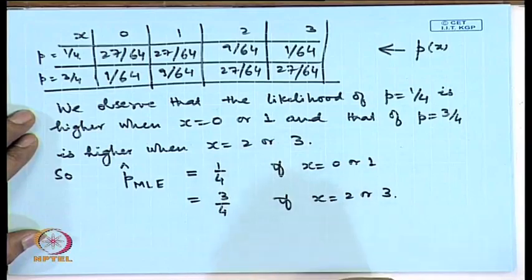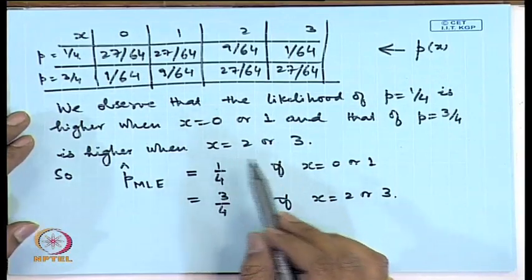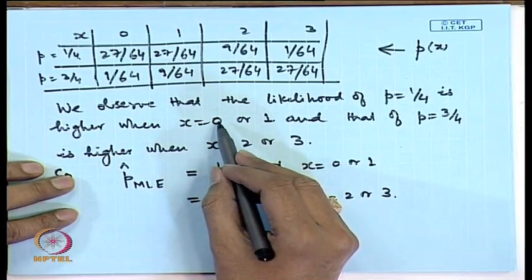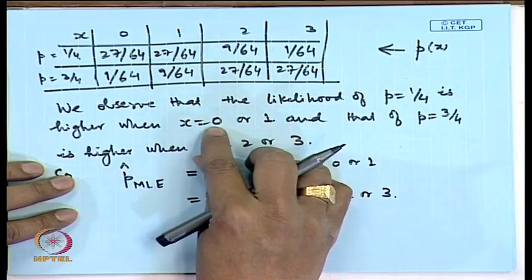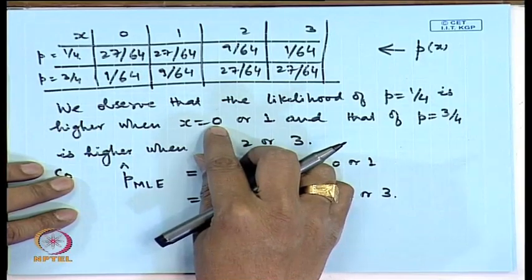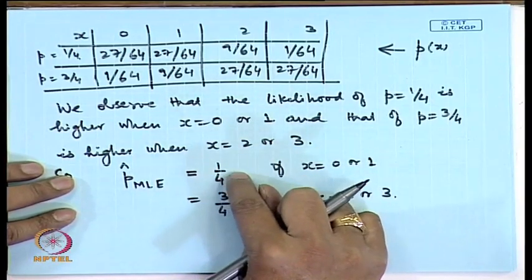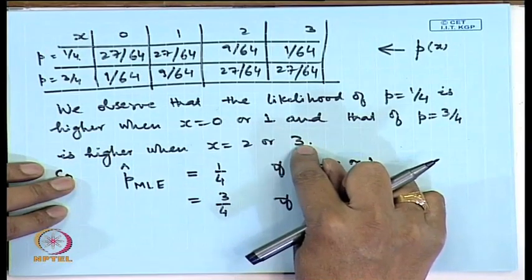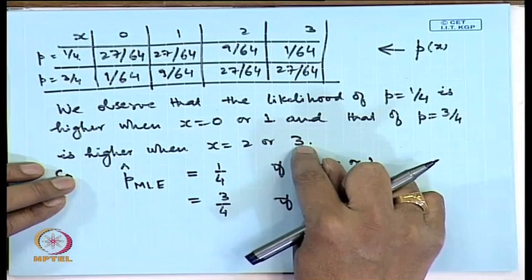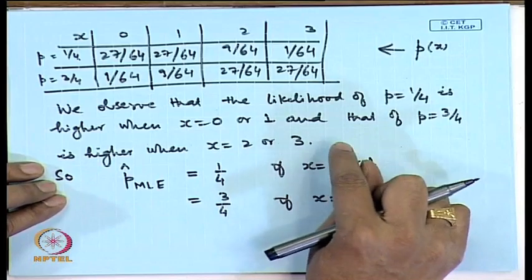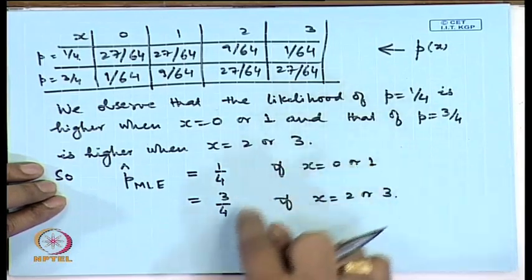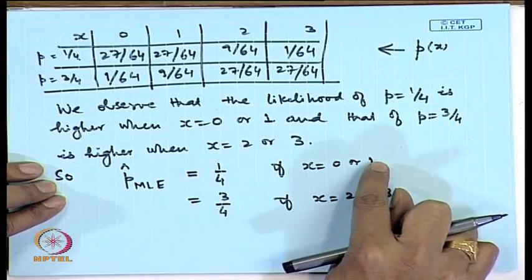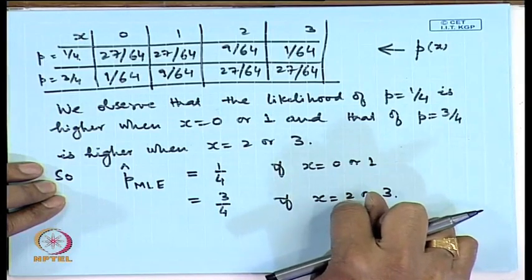Now, this is the mathematical part of it. Let us look at the physical interpretation. If in a random sample of size 3, we observe that there are no black balls, then we have a feeling that there are fewer black balls. Similarly, if we observe all the 3 are black, then we should have a feeling that there are more black balls and therefore, 3 by 4 should be the estimate, and similarly interpretation exists for 1 and 2 also.